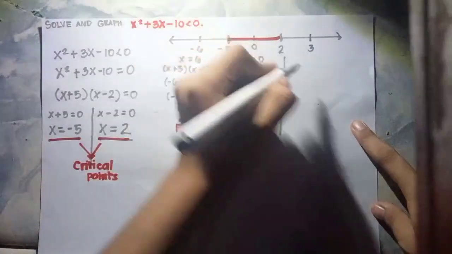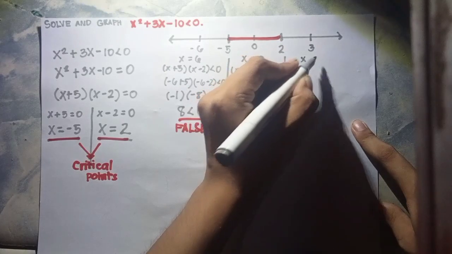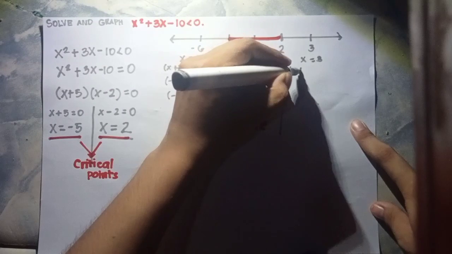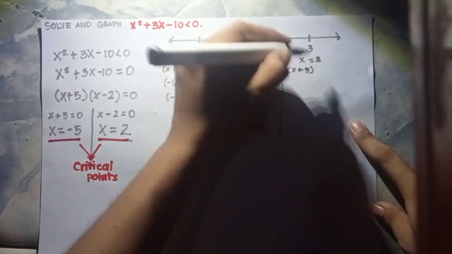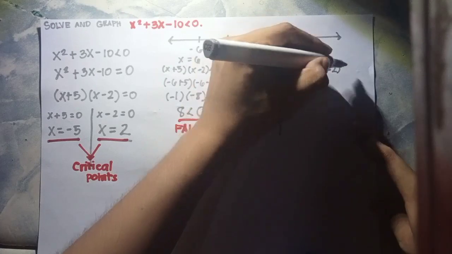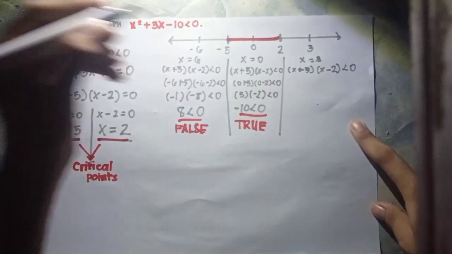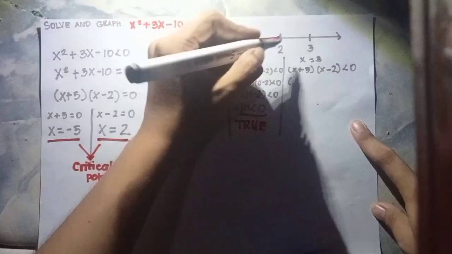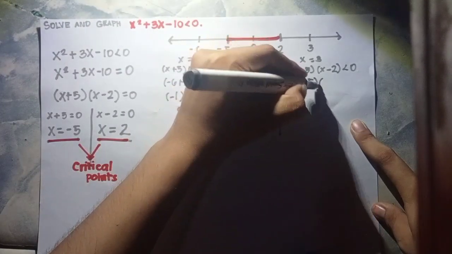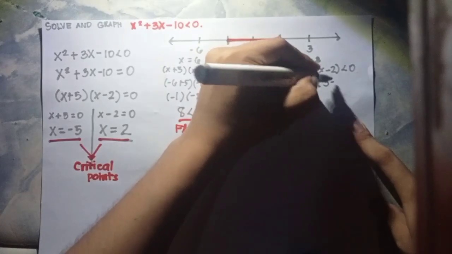And then we put the positive 3. Now, x is equal to 3, which we are going to represent. And then still write the same, x plus 5 times x minus 2 is less than 0. Now, transpose it and turn it into the representative number.